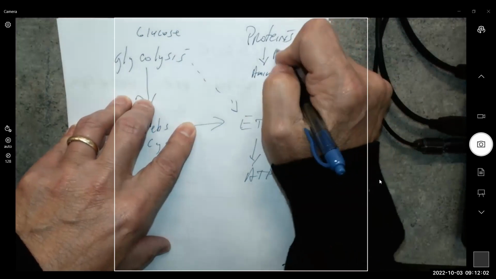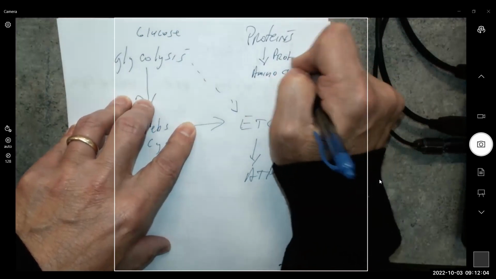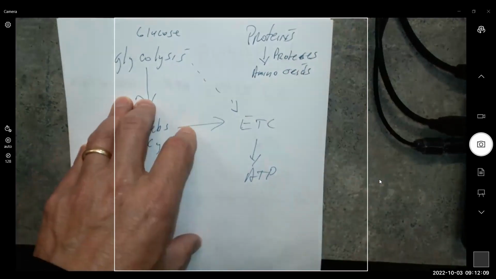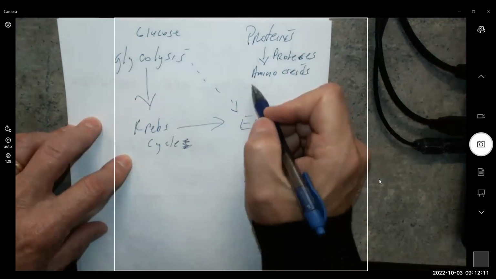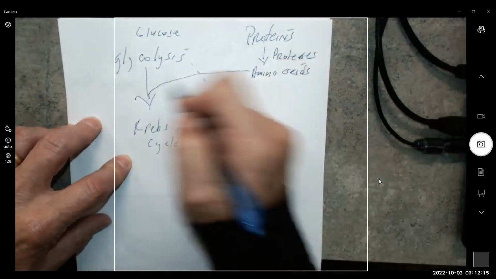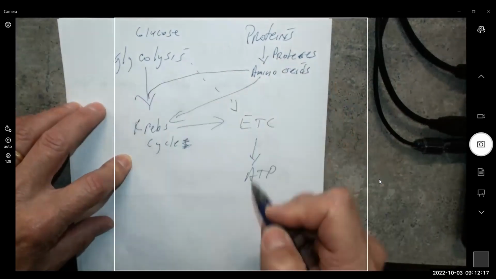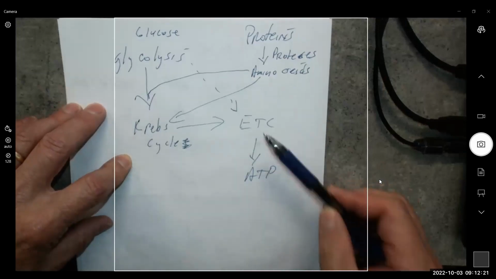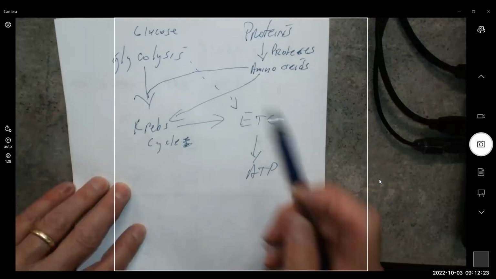So you're going to use proteases to degrade the proteins to amino acids. Several of these amino acids either feed directly into glycolysis, or many of them feed into the Krebs cycle, which will then produce reductant that goes to the electron transport chain and makes ATP.